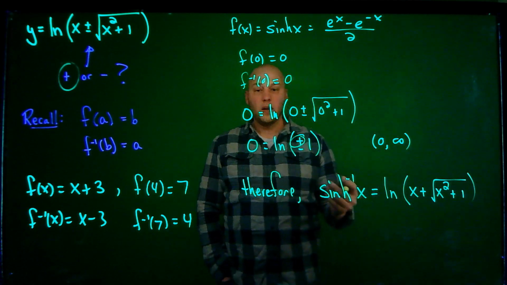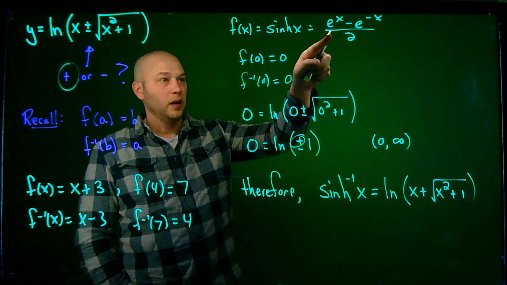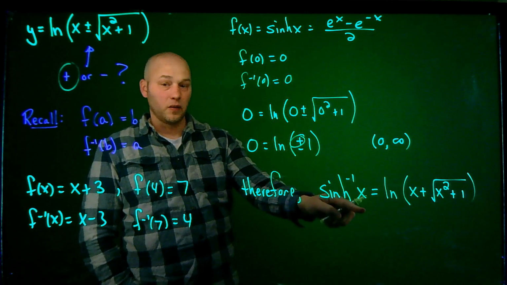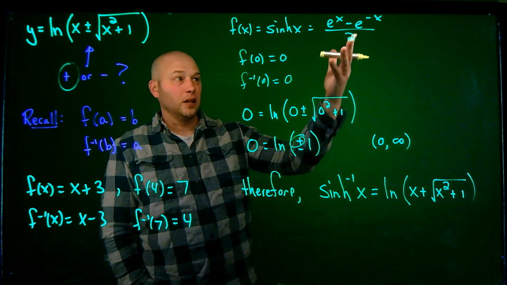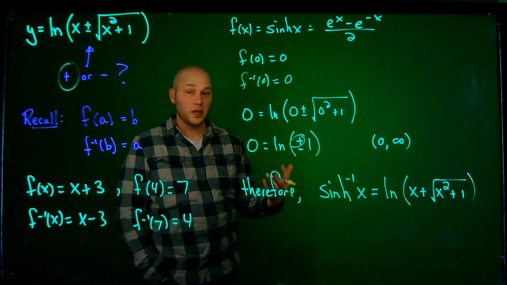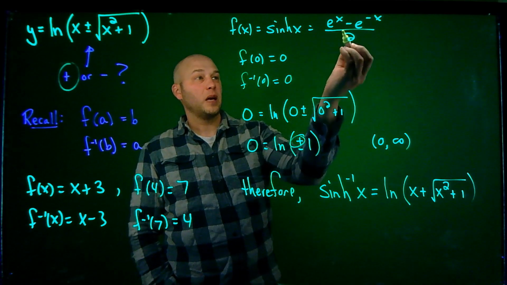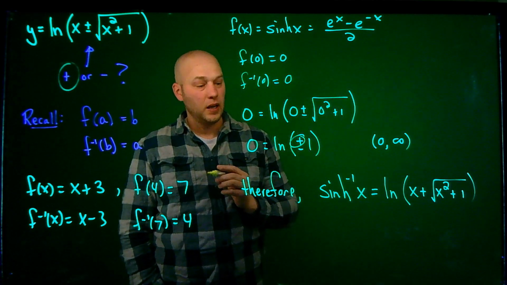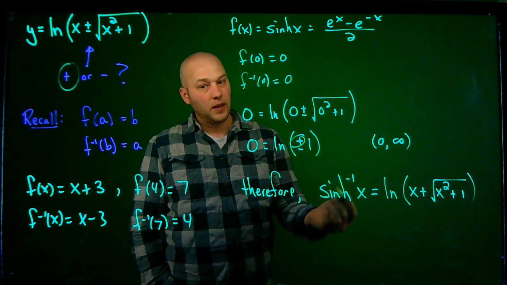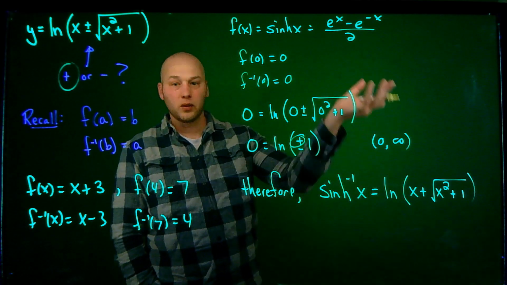Okay. Now, if I go from this expression right here, which is the hyperbolic function, to this one, the inverse of it, it's not completely obvious how I went from this to this, but there should be a few things that seem at least reasonable. The hyperbolic function is based on the natural exponential function, and the inverse hyperbolic sine is based on the natural logarithm, which of course is the inverse of the natural exponential.